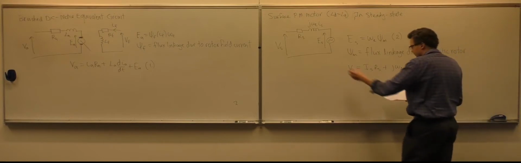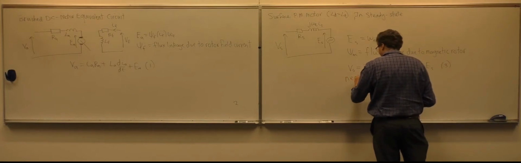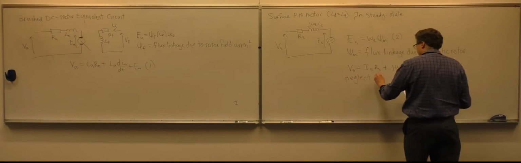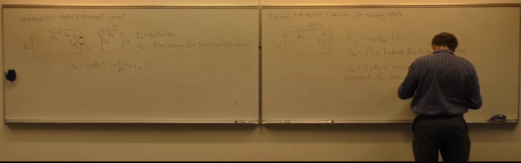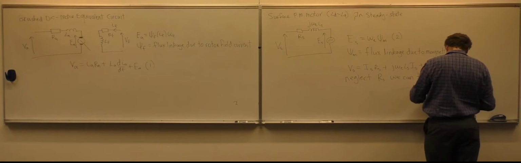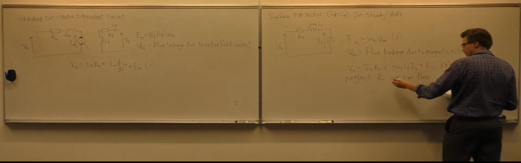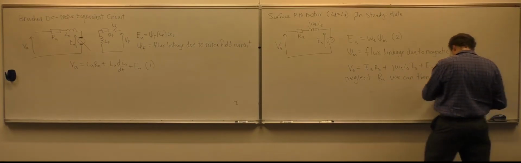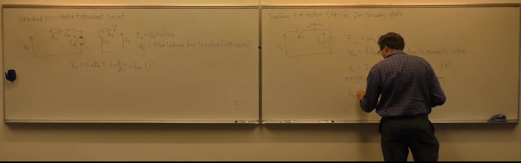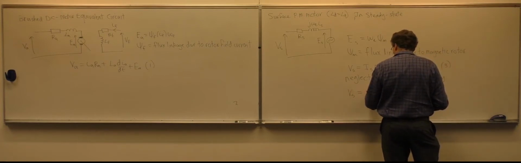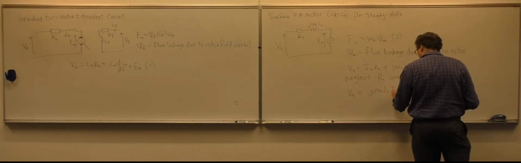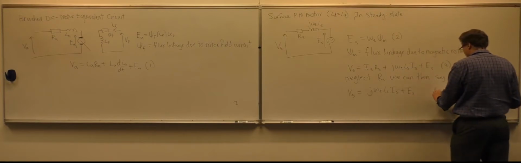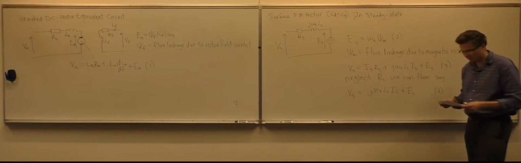So if we neglect the resistance, we can say that we have VS equal to j omega E LS IS plus ES, and I'll call that equation 4.